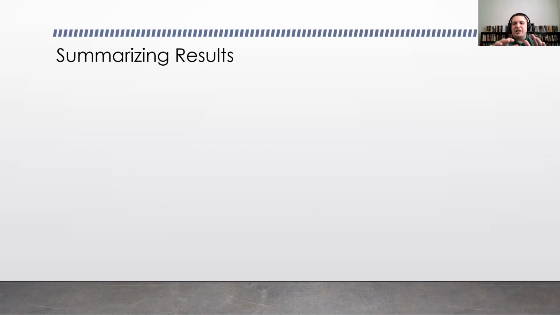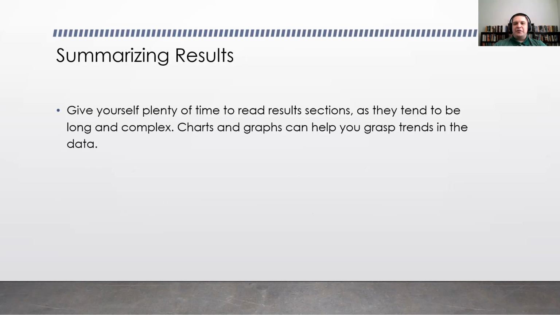Here's all the data we collected, and here's how we're going to present that. That means these tend to be long, because especially if you gathered multiple kinds of data in multiple situations, you've got to report on all of that. You can't just pick the 2 or 3 things that you think were most interesting or made the prettiest graphs.